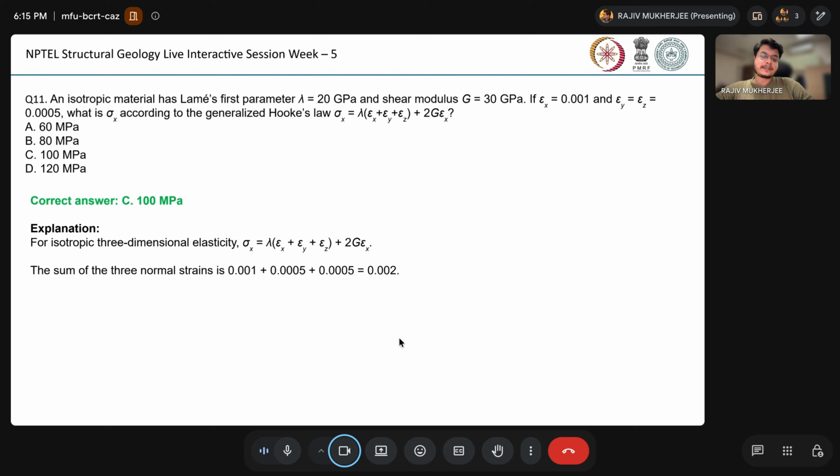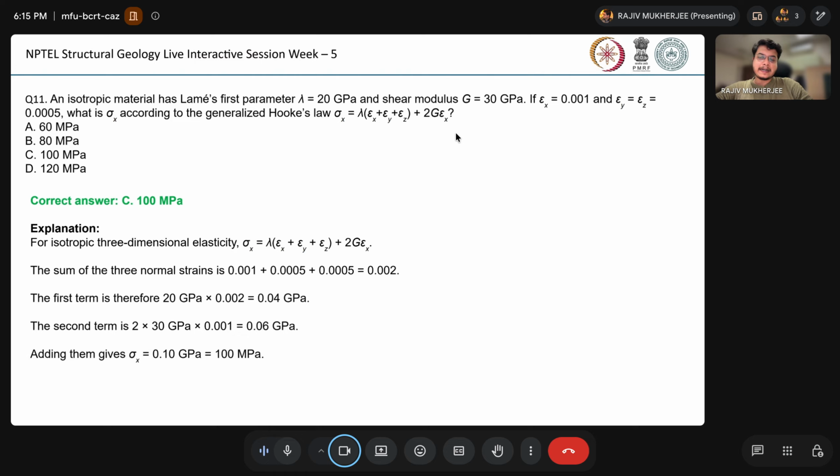So the sum of the strains is 0.02%, and the first term is therefore 0.04 GPa. The second term is of course 0.06 GPa, and then finally if you add them up it will give 0.1 GPa, which is 100 megapascals, right?